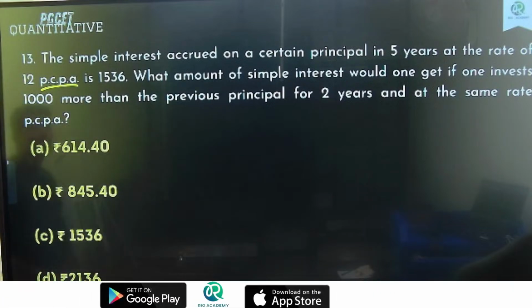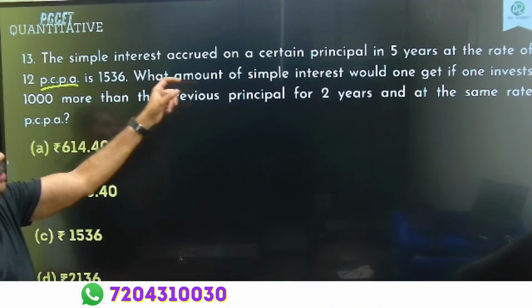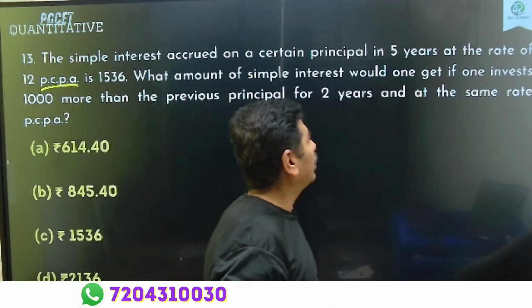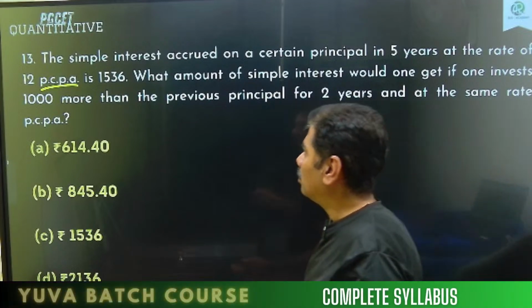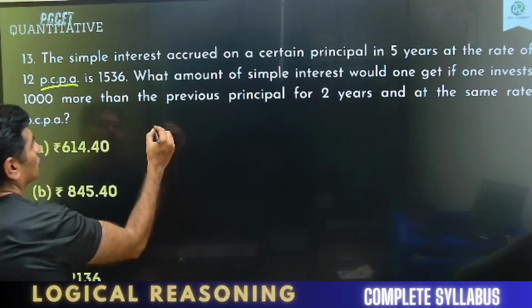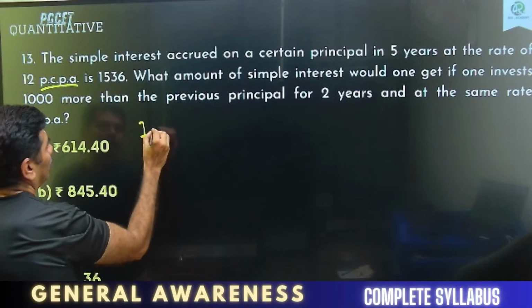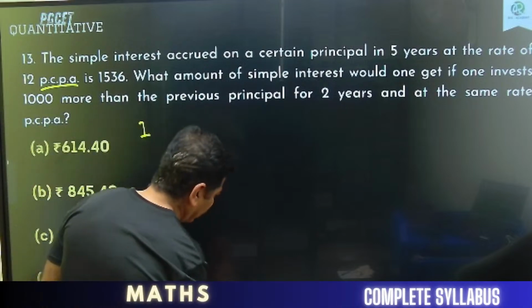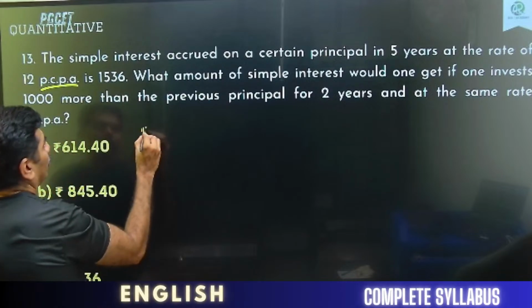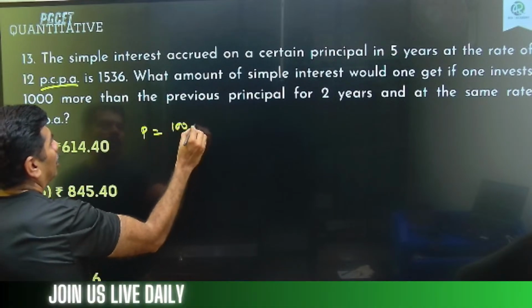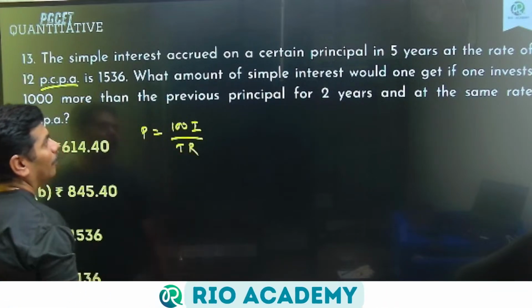Okay, so what is the question? The simple interest obtained on a certain principal in 5 years. Okay, for 5 years a principal, and we don't know how much the principal is. So first what we'll do is take I equals, or directly we can take the formula for P equals 100I divided by TR.